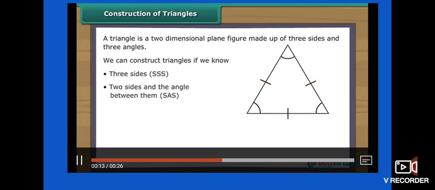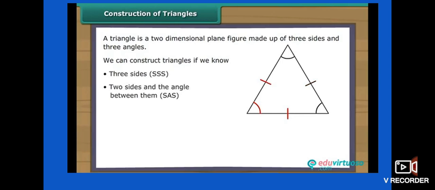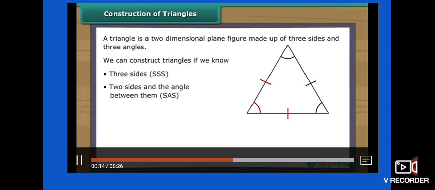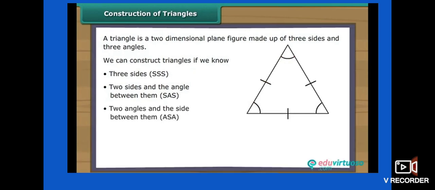Then the second option is two sides and the angle between them. That is SAS, side, angle, side. The third option is two angles and the side between them, ASA, angle, side, angle.